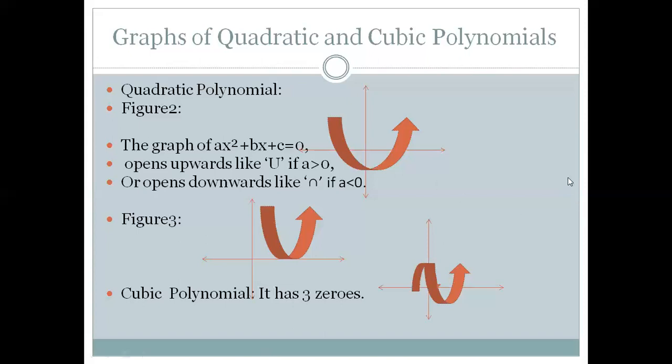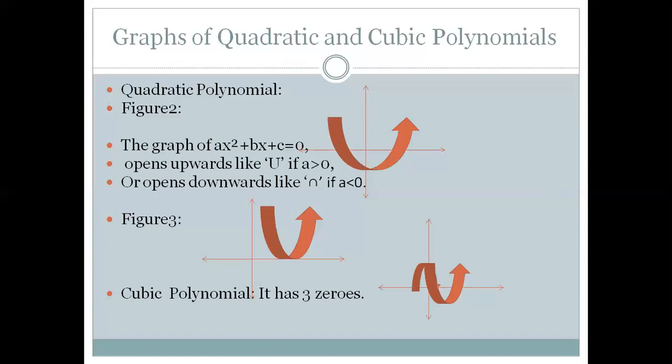If you see, the first point is here, the second point is here, the third point is here. So the zigzag shaped curve is intersecting the x-axis at three different points. So it has three zeros.